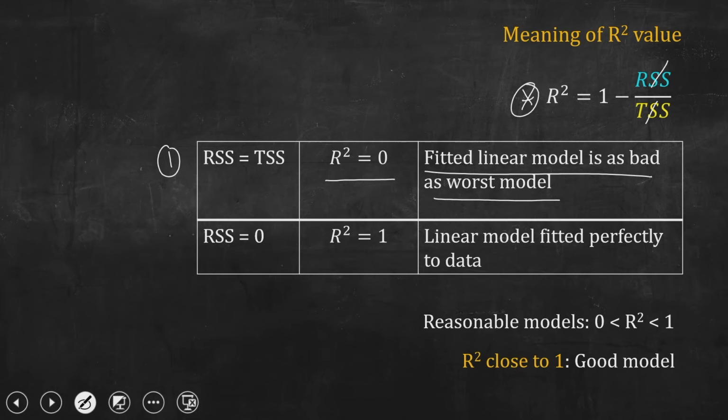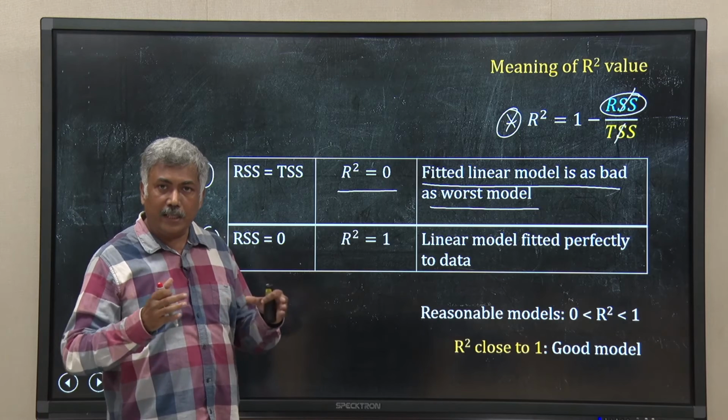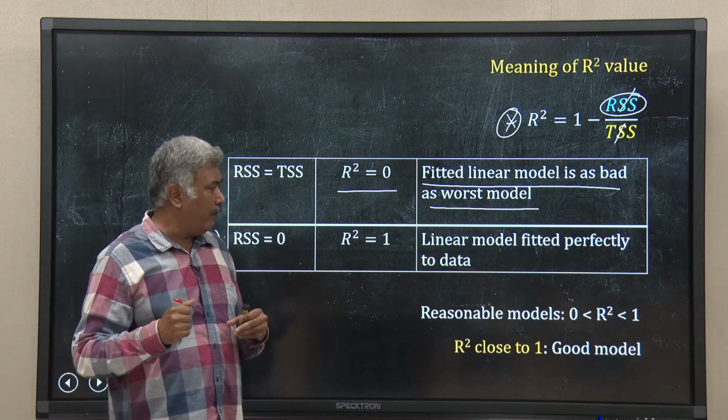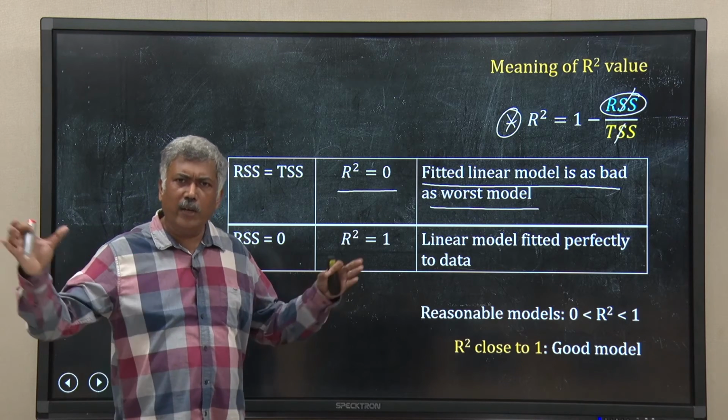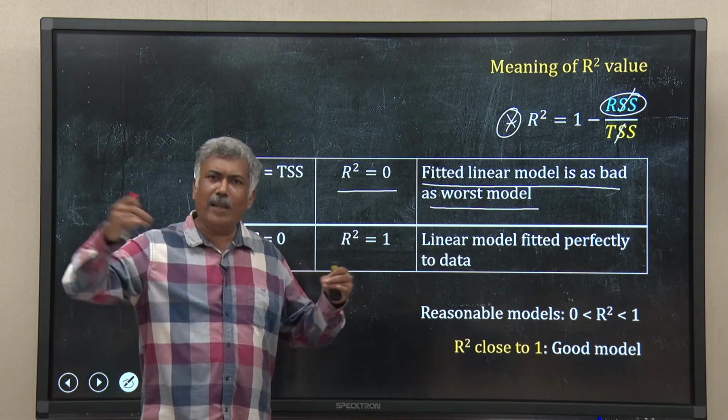Now, consider the second case: RSS is 0, that means SSR is 0. That means my model, y equal to mx plus c, that line I have fitted, fits the data perfectly. That means all the data point observations are on the same line.